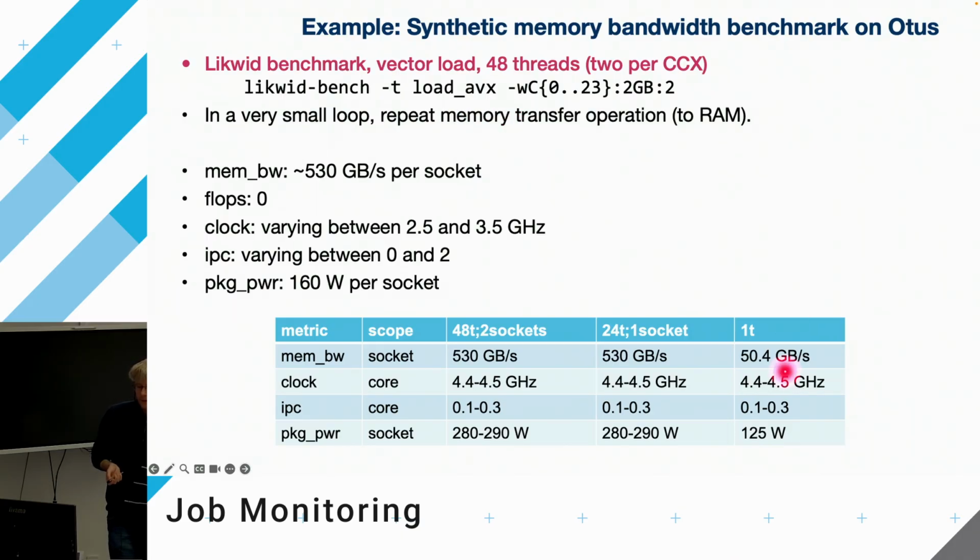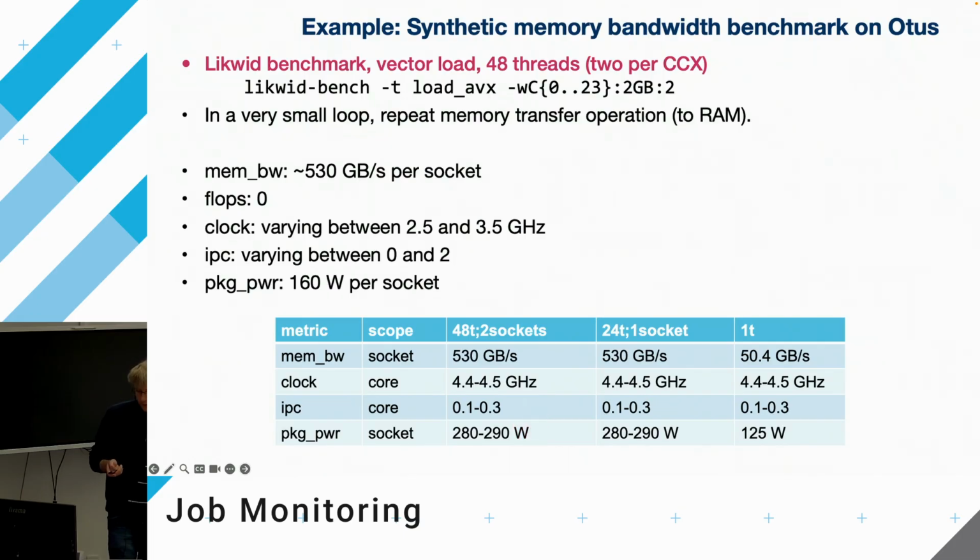And as we can see here, on one thread we can achieve 50 gigabytes per second and a little bit more. Again, the power draw is increased, but with 24 threads, we can already achieve a good memory bandwidth per socket. But as we see here, because now more threads are active, the power draw is also way higher, and also with, for example, 48 threads on two sockets.